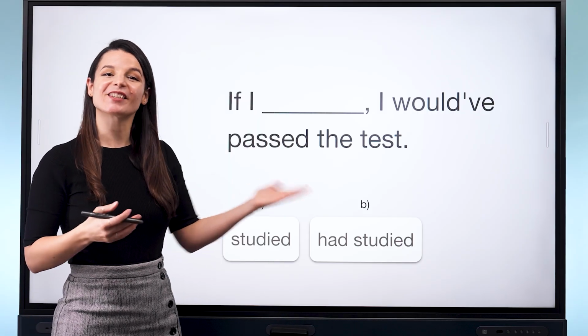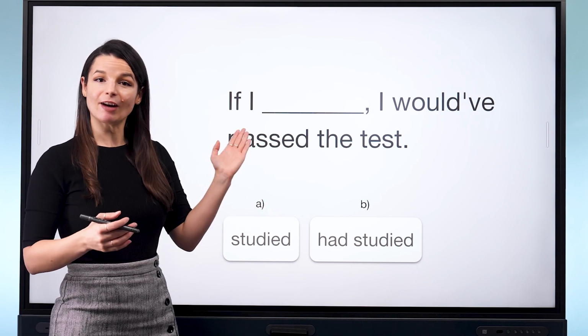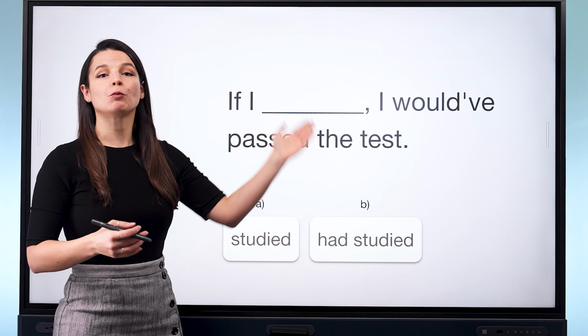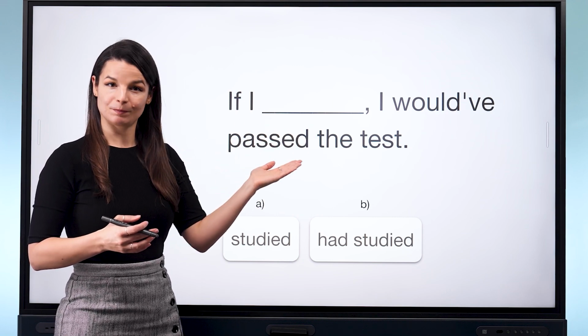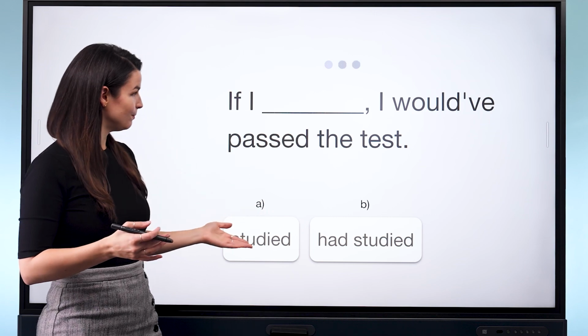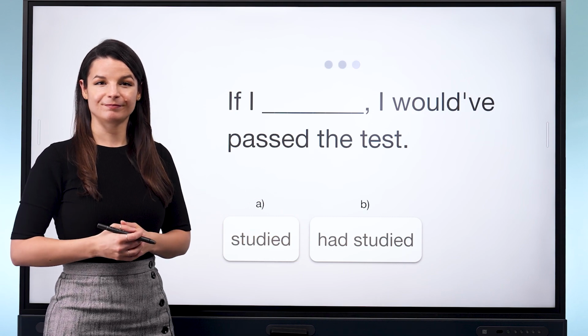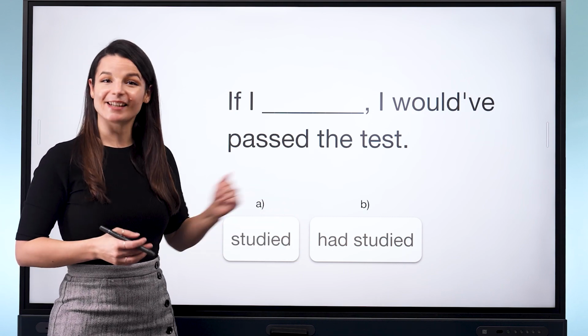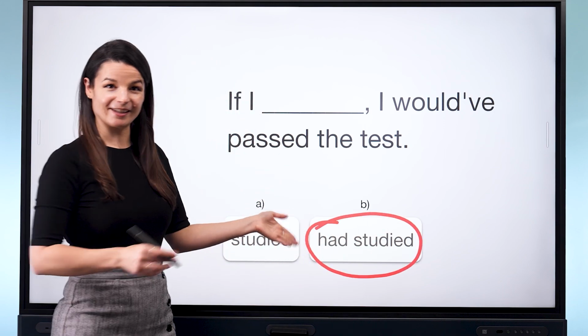Choose the best answer to complete the sentence. Ready? If I would have passed the test. Had studied.